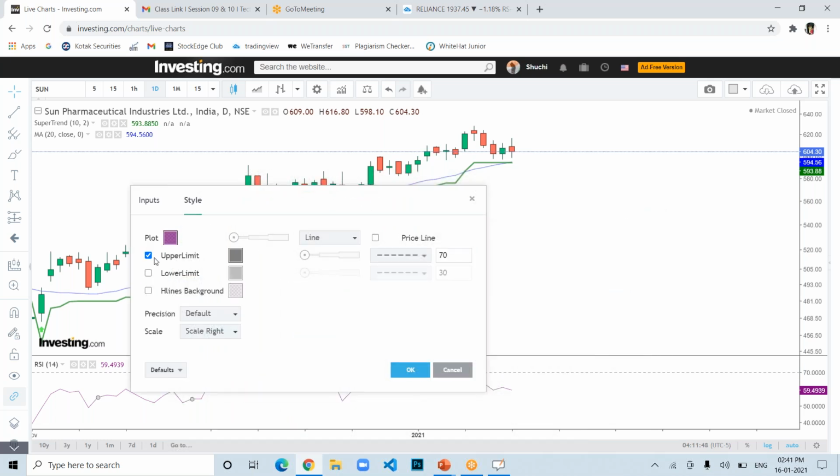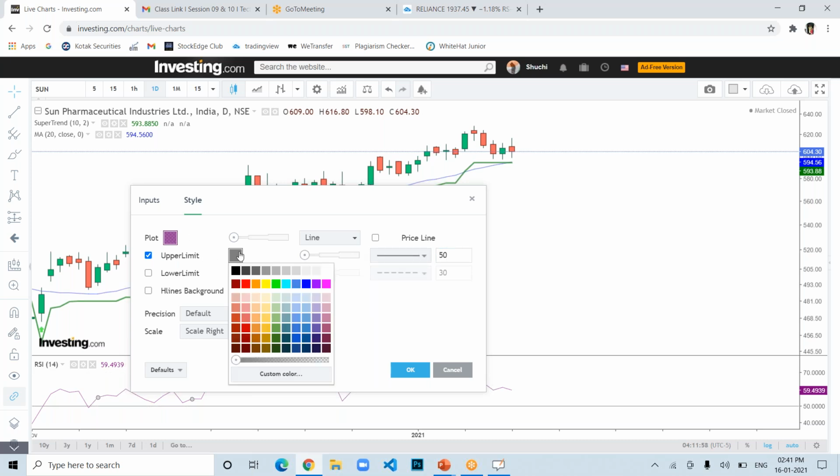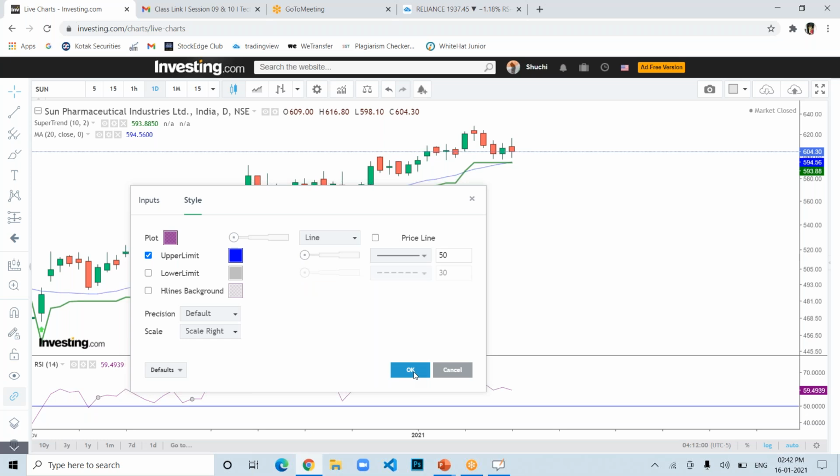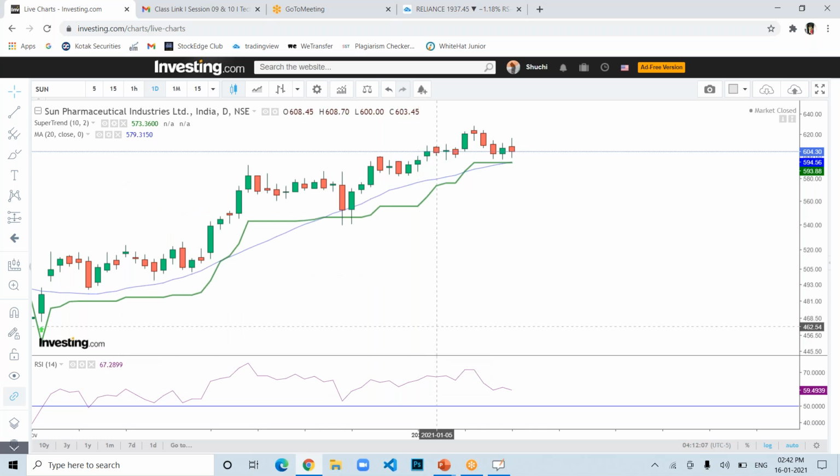So you let the upper limit be there, change the value to 50, and you can make it a dashed line, change the color so that it is easily visible. Okay, I hope everybody's got this. This is the RSI, because we need to check that the 14 period RSI should be greater than 50.